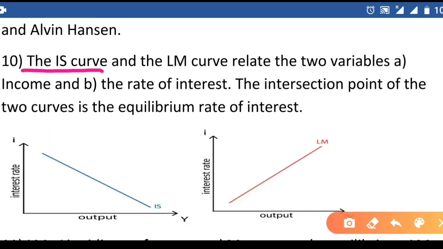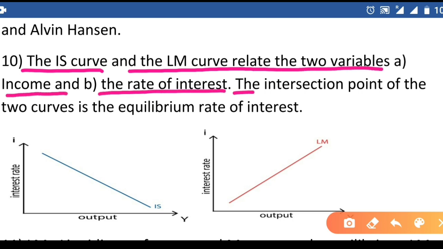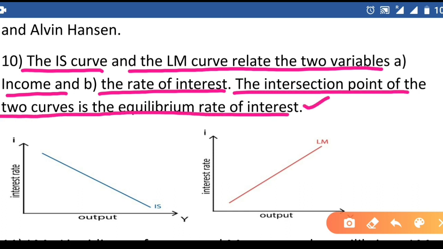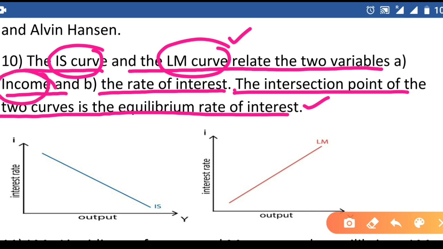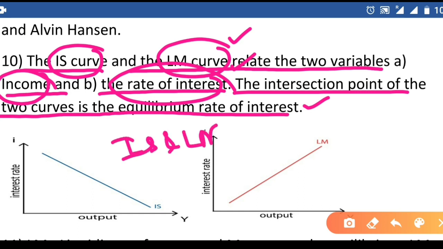The IS curve and the LM curve relate two variables: income and the rate of interest. So the IS curve and LM curve mainly depend on these two variables, income and the rate of interest. The two curves intersect at one point, and that point is nothing but the equilibrium rate of interest.